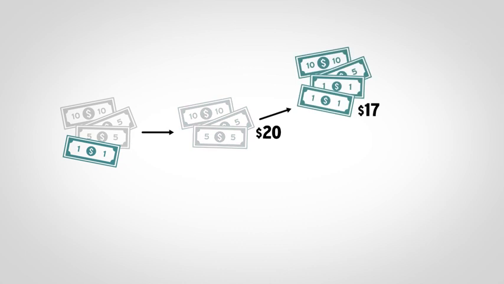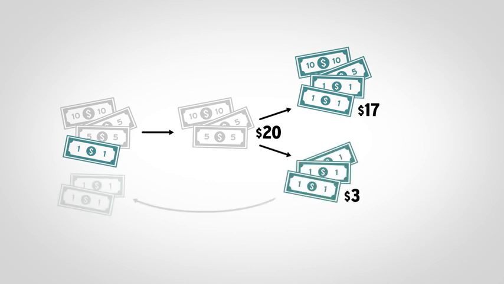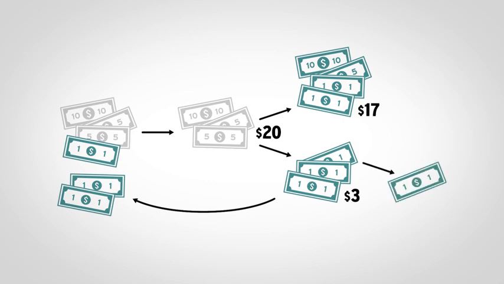Now your output will be $17 to whoever you want to give that money to. You have $3 in change. So you want to give yourself back $2, and then let's say you want to pay $1 as a transaction fee. You'll have 3 inputs, $5, $5, and $10. You'll have 2 outputs. One will be the $17, and one will be the $2 back to you.